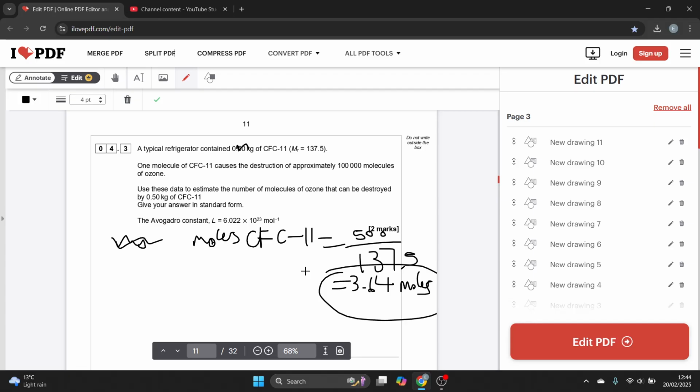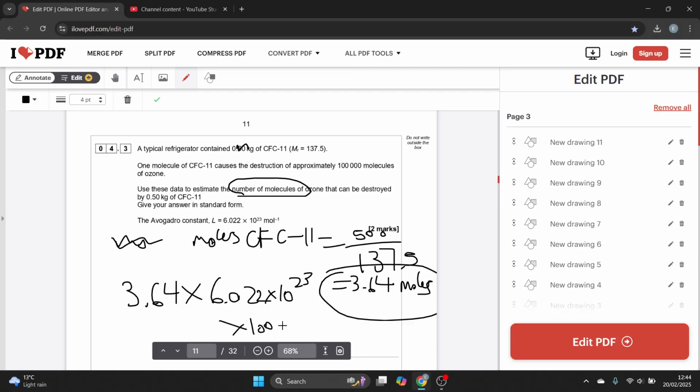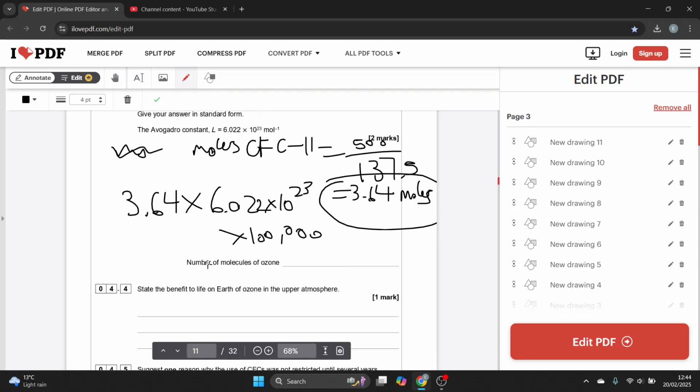I'm also going to times by 6.022 times 10 to the power 23, because I want to find the number of molecules that can be destroyed. 3.64 times Avogadro's constant, 6.022 times 10 to the power 23, times 100,000. Once you've done that, you get 2.19 times 10 to the power 29.